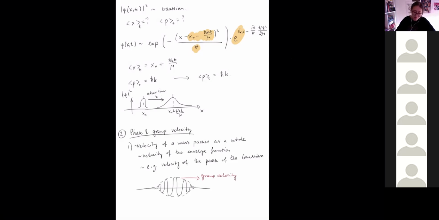However, one can also introduce a second notion of velocity, which would be the velocity of a particular phase in the wave packet. You can think about it as the velocity of the crest of the wave, not of the envelope in which the wave is confined, but the crest of the wave. Because it corresponds to the velocity of a particular phase of the wave packet, it's called the phase velocity.